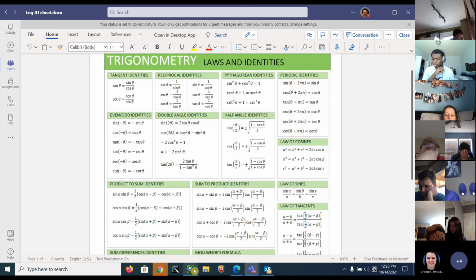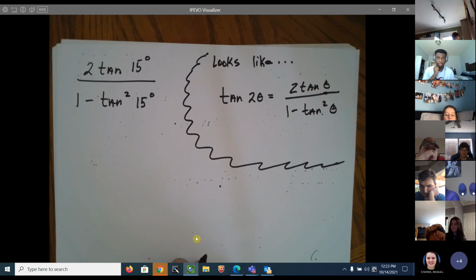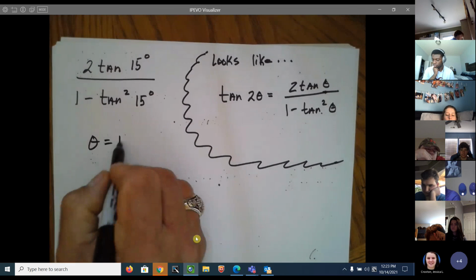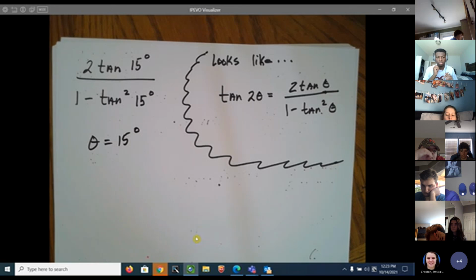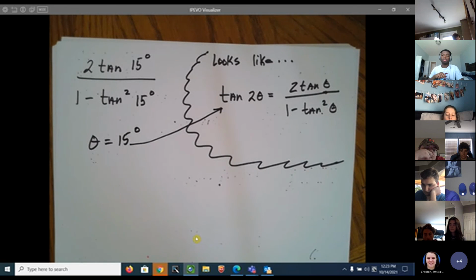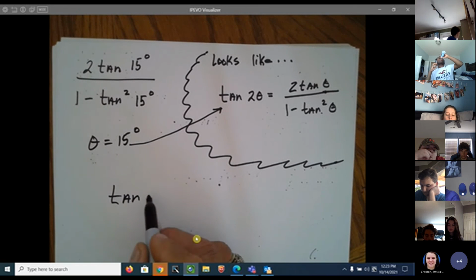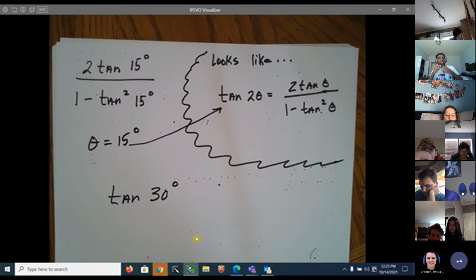So there is your divine intervention. Therefore, theta is equal to what? 15. So we take that theta and plug it into there, and we get tan of what? Tan of 30 degrees.